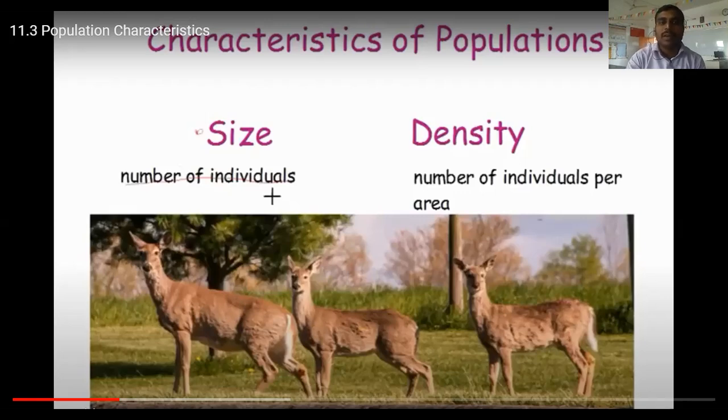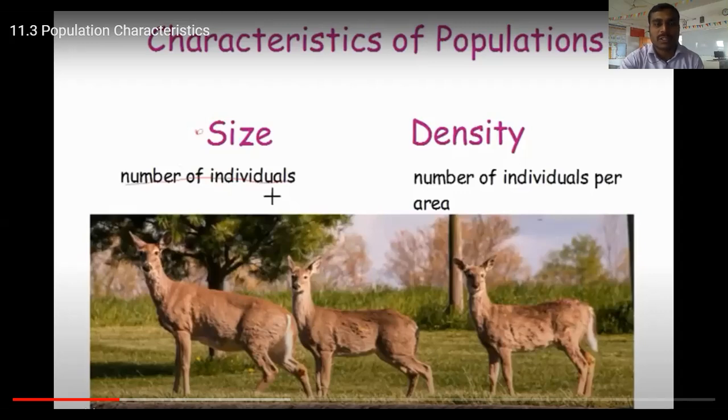Once you have marked the area, take the total count of individuals of that species in the area and simply divide it by the area that you had taken as the sample. This is called density. I hope you have understood about the density.